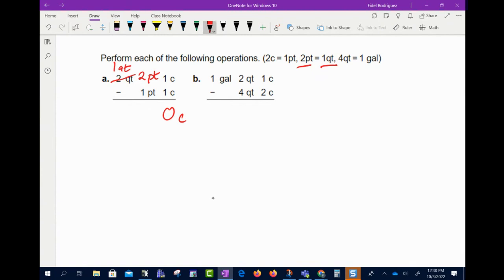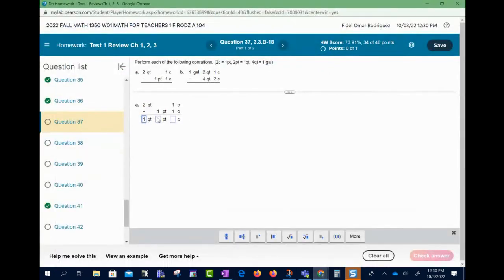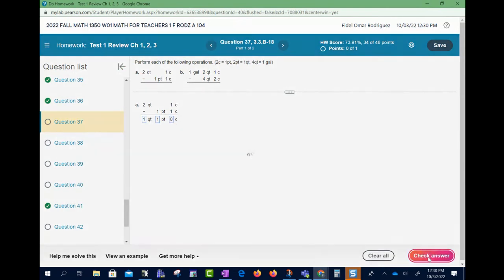And again, we're subtracting 2 pints minus 1 pint would still be 1 pint, and that would still give me 1 quart. So for my first one, I should have 1 quart, 1 pint, and no cups. So let's check our answer. 1 quart, 1 pint, and in my case, I had no cups. Check. We got the first one done.